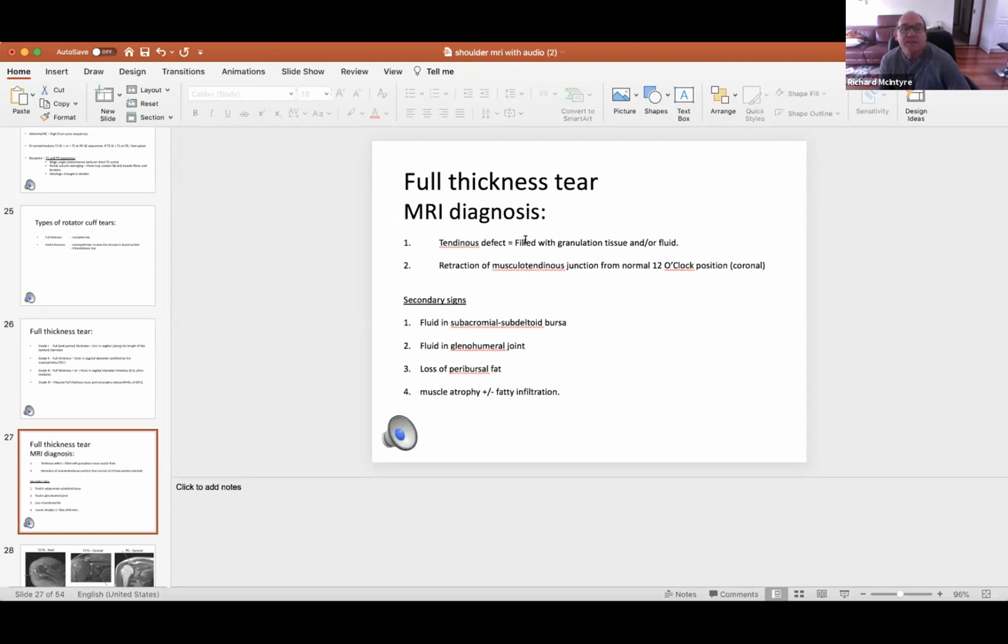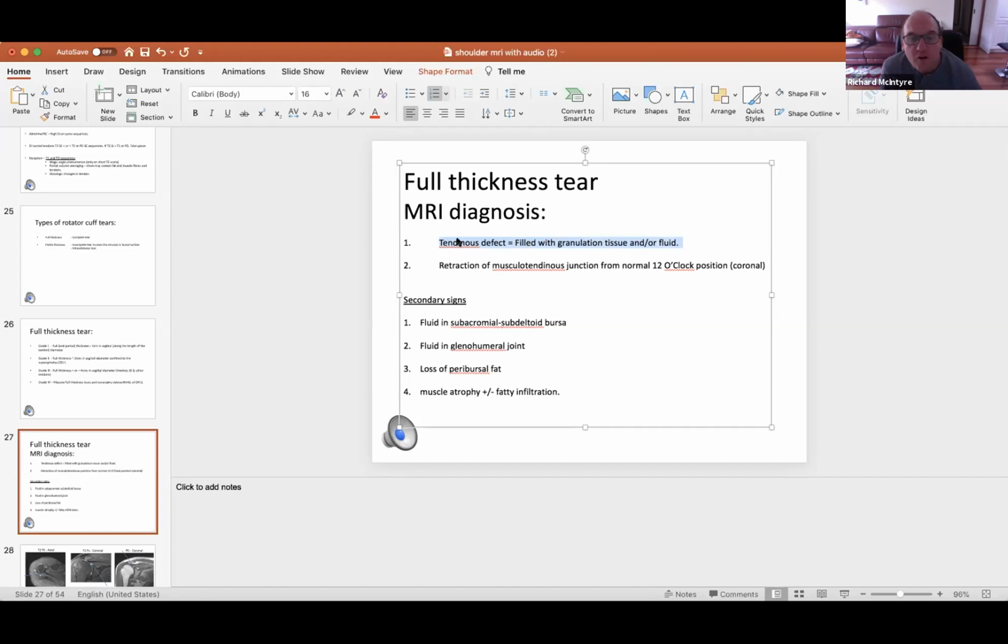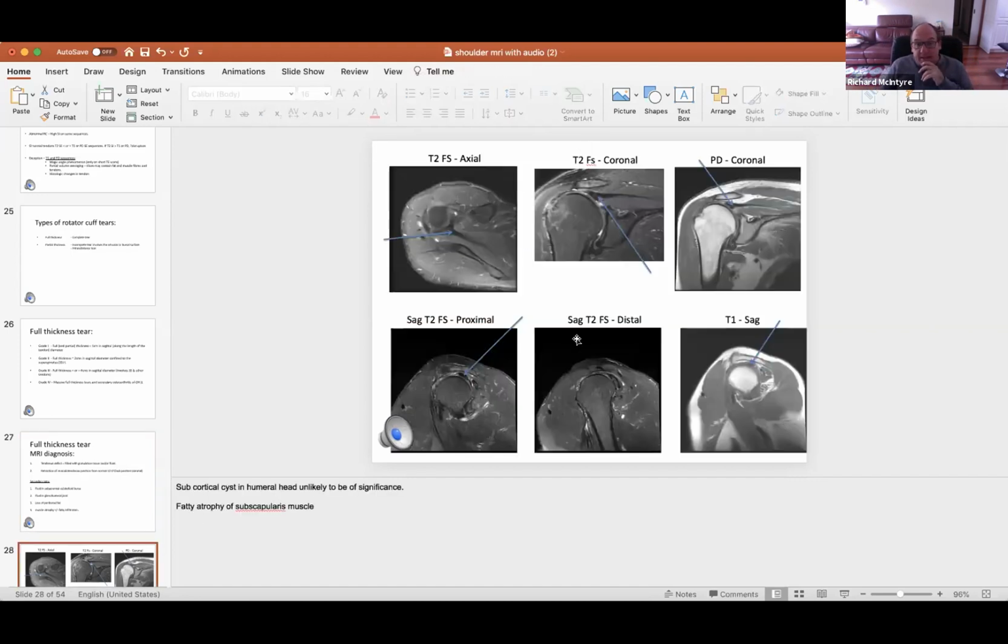I mentioned tendinous defect. That's a tendon when it's filled with granulation tissue and fluid. Retraction of musculotendinous junction from normal 12 o'clock position. That's with a full thickness tear. In a normal tendon, that supraspinatus tendon will continue to about 12 o'clock, or even further as it attaches to the humeral head.